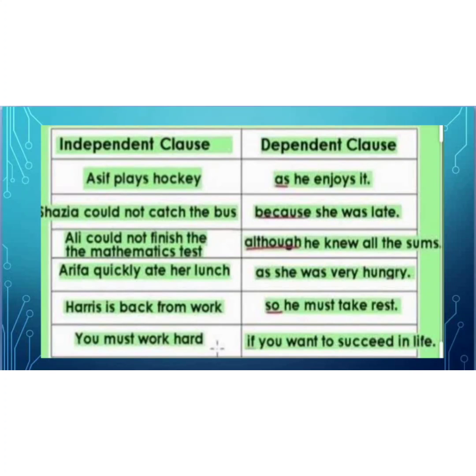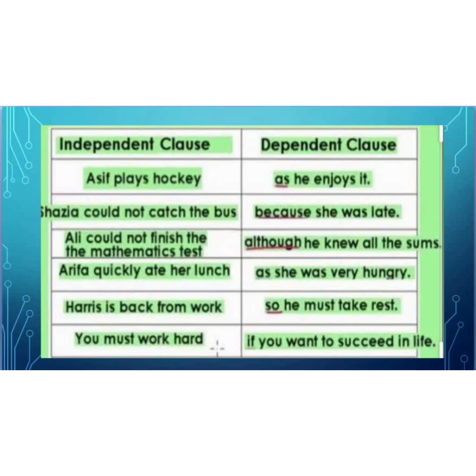But when I join it with the first sentence, then it is a complete sentence. Shazia could not catch the bus because she was late. Now, if I separate the dependent clause "because she was late," then what comes before and after is not clear. So this is an incomplete thought. However, "Shazia could not catch the bus" is a complete sentence.